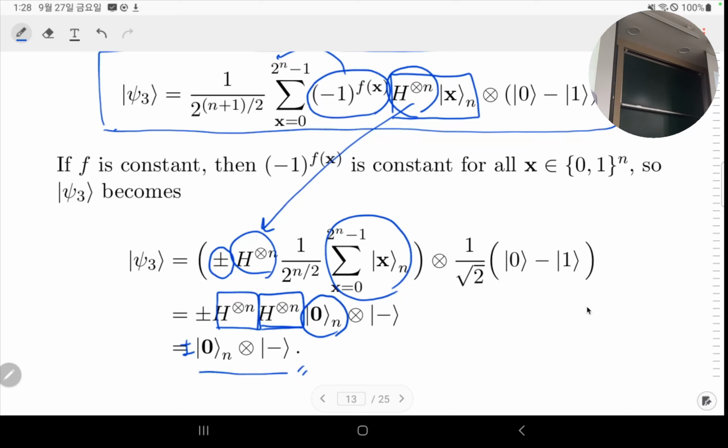So think about how we got this. This is after we apply Hadamard on the zero state, right? So we're applying Hadamard on each register twice. So this is an identity gate. So we get 0.